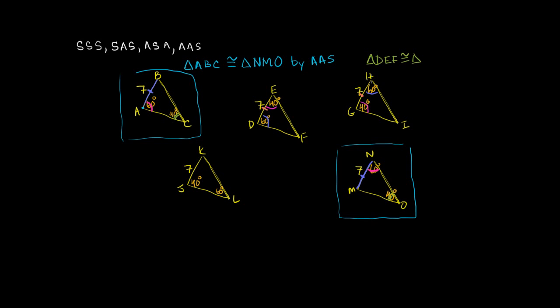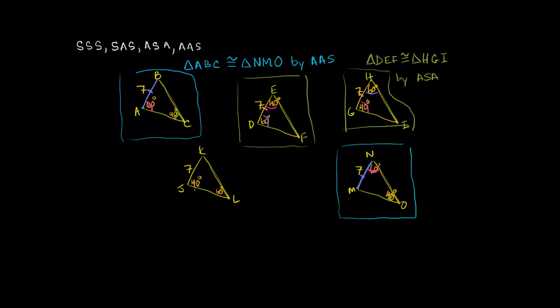So I'm going to start at H, which is the vertex of the 60-degree side over here, so triangle H, and then we went from D to E. E is the vertex on the 40-degree side, kind of the other vertex that shares the 7 length segment right over here. So we want to go from H to G, H, G, I, and we know that from angle, side, angle. And so that gives us that character right over there is congruent to this character right over here.